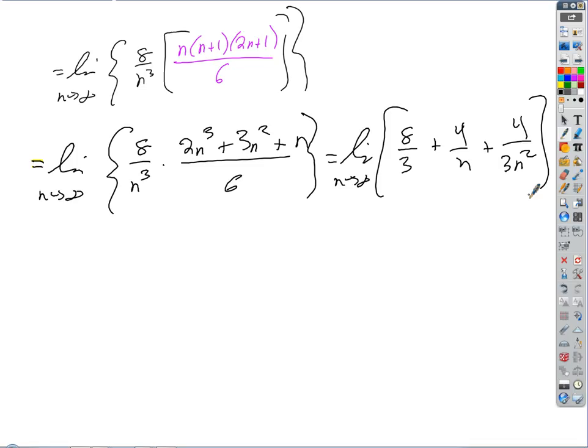Everybody agree? If I simplify that by distributing and reducing fractions.